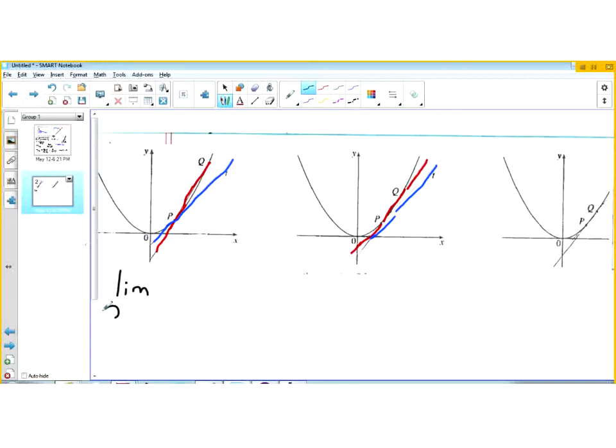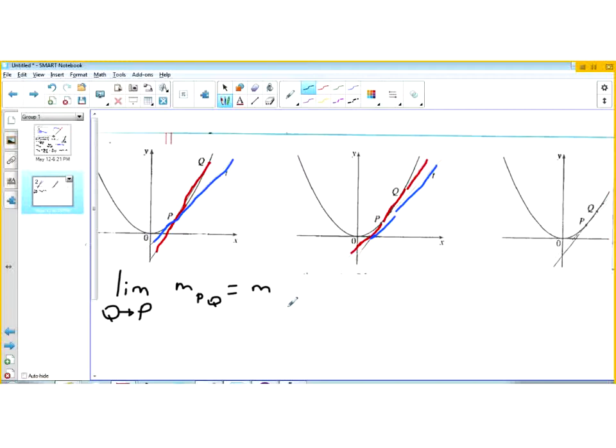The limit as point Q approaches point P of the slope of the secant line is equal to the slope of the tangent line. At least when the abscissa of Q is greater than the abscissa of P, which is 1.